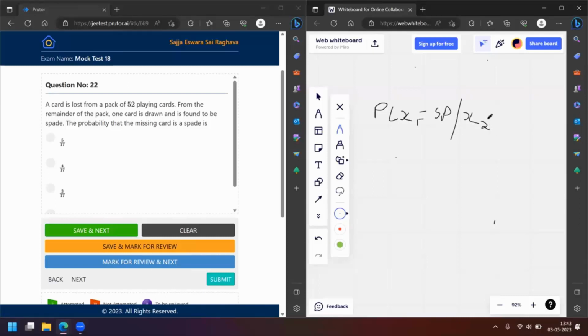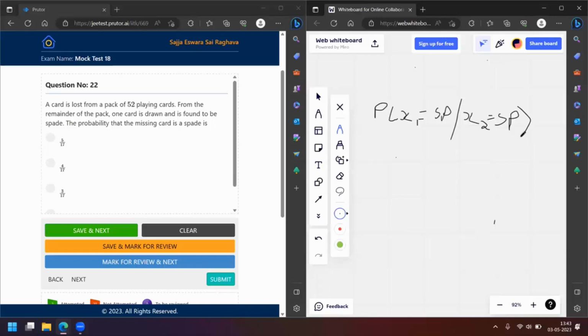So this question is equivalent to drawing 2 cards from the pack, where the first card is the one that is missing. Initially a card is lost, so we can think that the first card, whatever we take from the pack, is lost.